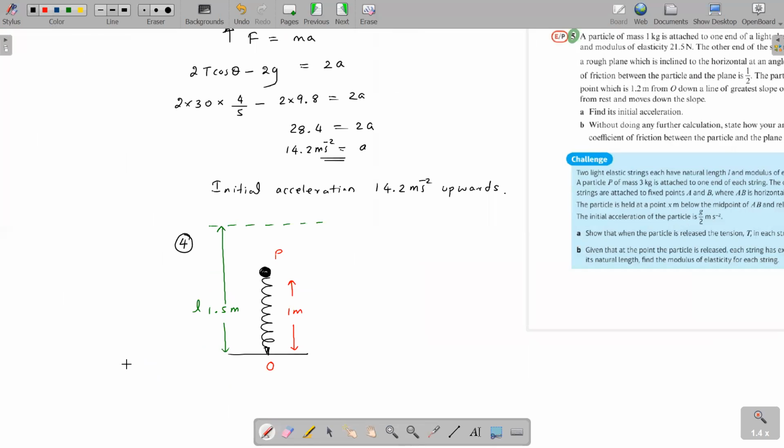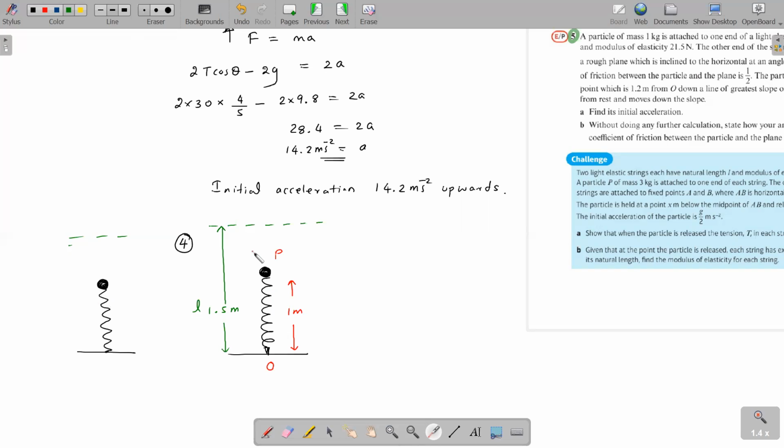When you attach the weight on top of the spring, you will find there is a compression. Then from that point, they have moved this to this point where it is 1 meter away from O. So at this point, I do not know whether the equilibrium position is below or above.